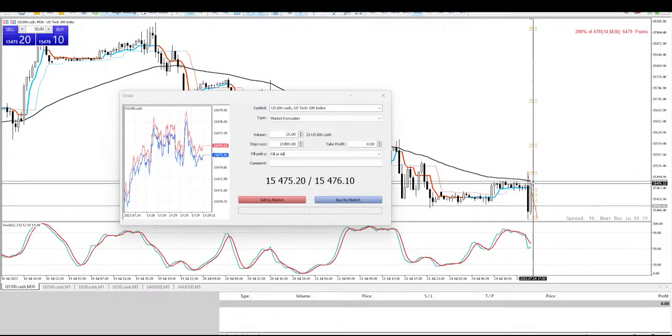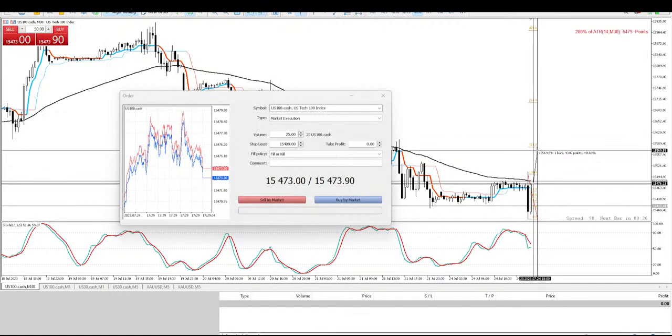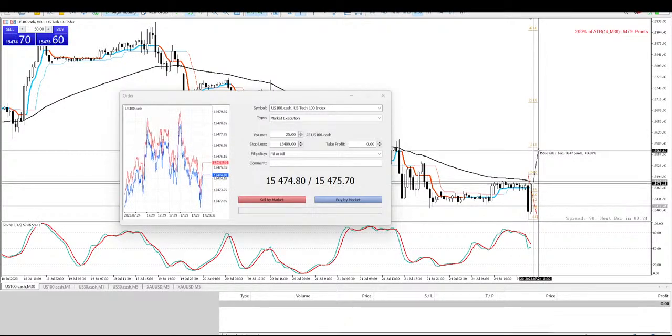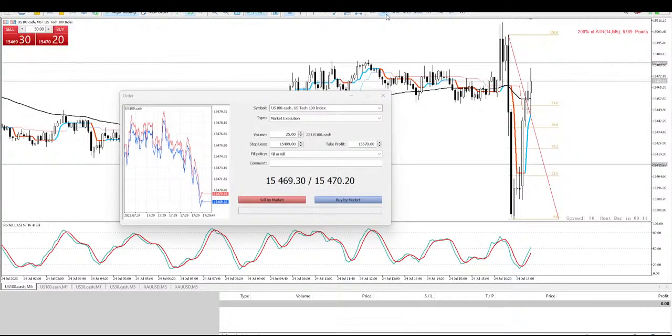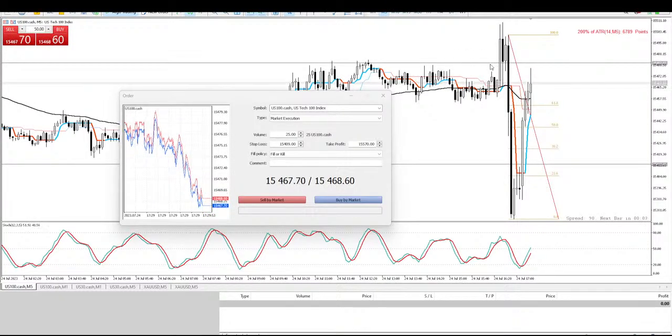It's also coming to test that 25. 15,570 is the TP. I'm not entering this trade yet, guys. I'm just looking at where the levels would be.